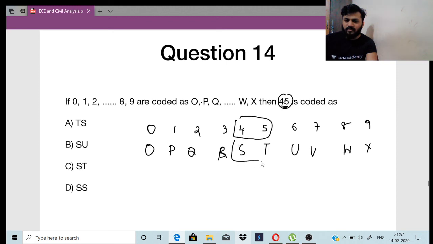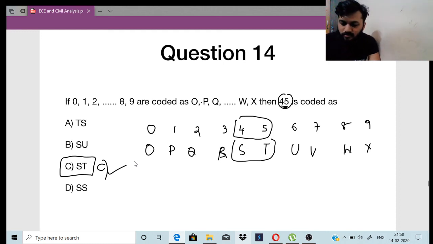So what is 45? It is ST, right? What is 45? It is ST. So it is option C. Clear? 45 is ST, so it is option C, right? Option C is the correct answer.